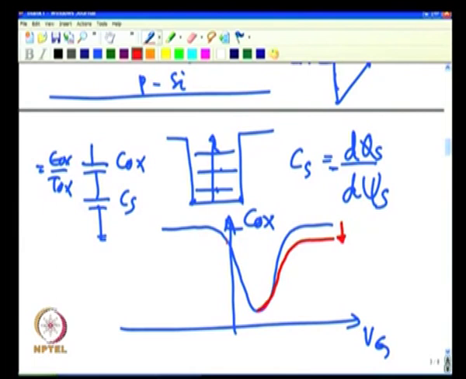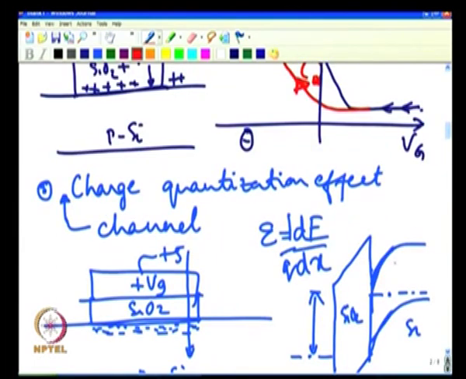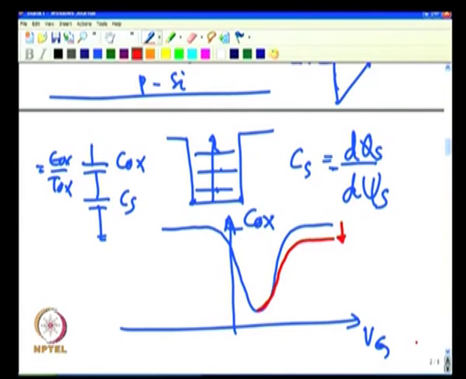It could also happen in accumulation to some extent, but in accumulation the band bending is not as much as it would be in inversion, and the effect in accumulation is not as severe as one would see in inversion. Maybe in accumulation there is a very small effect. So this is the CV curve in a transistor.